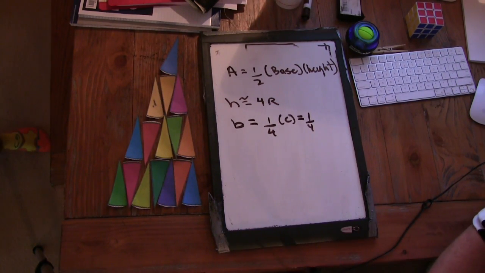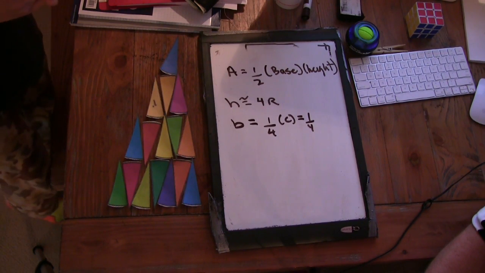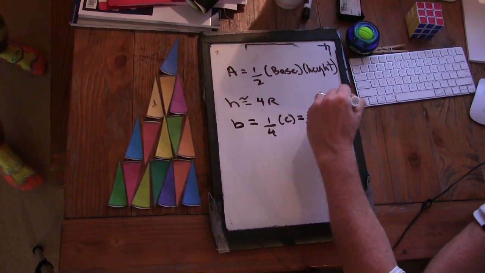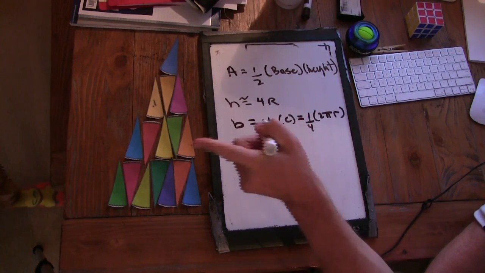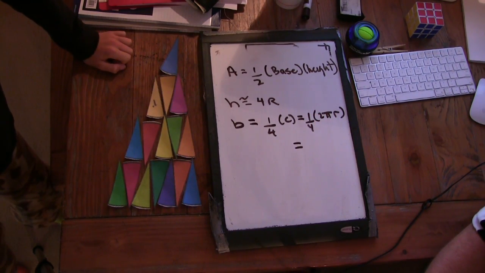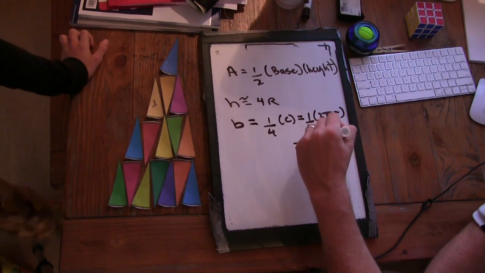It was pi times 2 radius. So 1/4 times 2 pi r. Can you tell me how that simplifies? Pi r over 2. Very good. Pi r over 2.